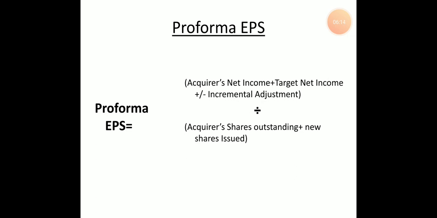After the merger, we can calculate acquirer net income plus target net income after acquiring the business plus or minus incremental adjustment. What we are paying in excess should be added. If we are paying less, that should be deducted. That should be divided by the acquirer's shares outstanding, पहले कितने शेयर्स थे प्लस न्यू कितने शेयर इशू करे हैं हमने आफ्टर द एक्विजिशन और आफ्टर द मर्जर. So by this we can calculate pro forma EPS.